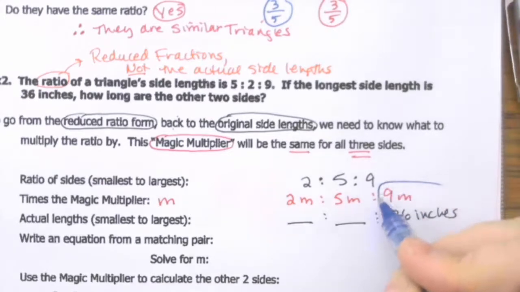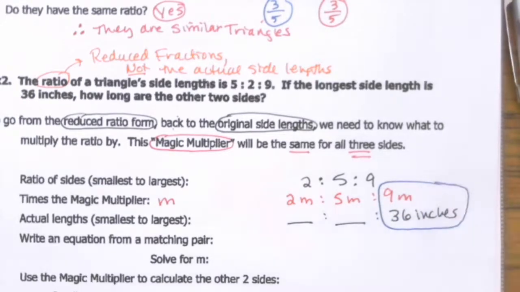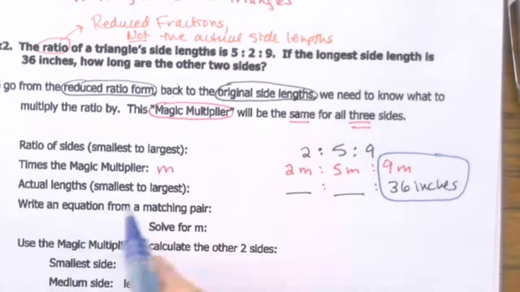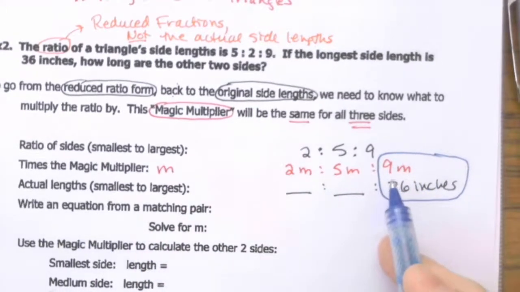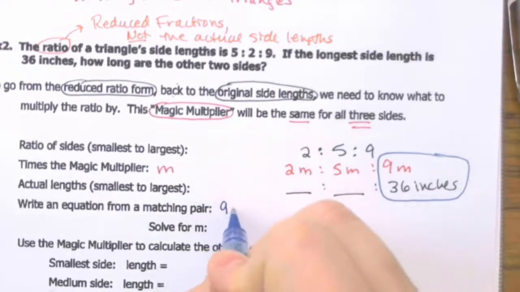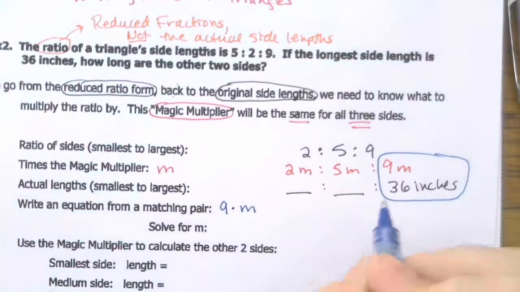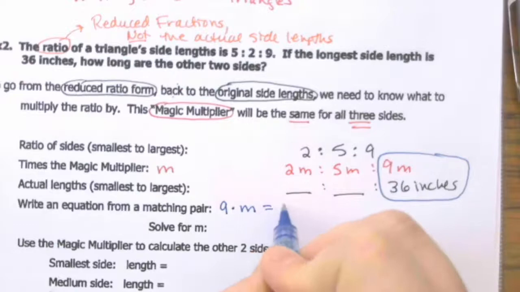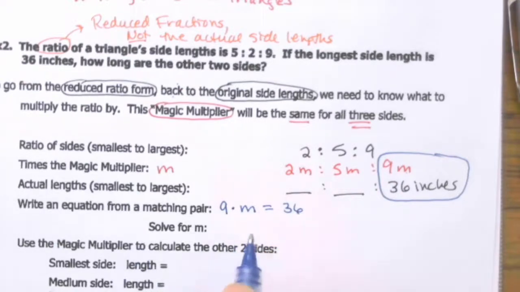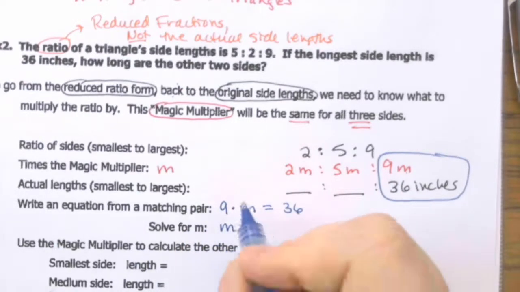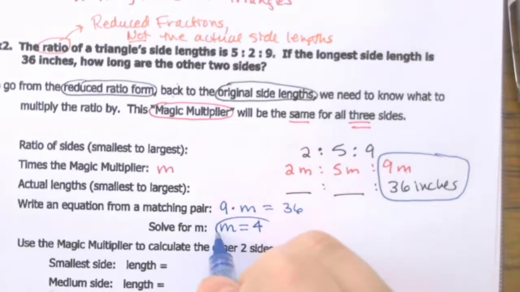So 9 times the magic multiplier has to be 36 inches. So we're going to write an equation from the matching pair that we have. 9 times m has to be 36, and solving for m, our magic multiplier has to be 4 because 9 times 4 is 36.